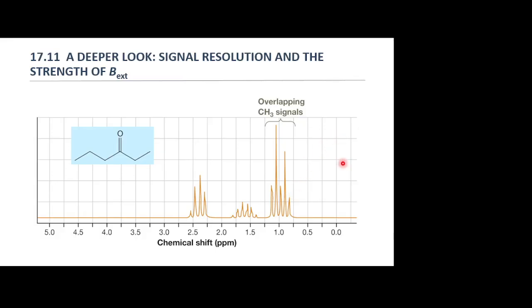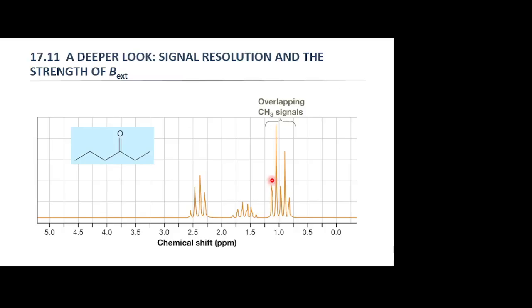Okay, so let's look at the signal resolution and strength of the B local. So you see here that we get CH3s, and because we have these CH3s so close together, what we end up seeing is that it's kind of a jumbled mess. And in fact, can you see how these peaks right here, some of them are like lopsided? Like this one here.